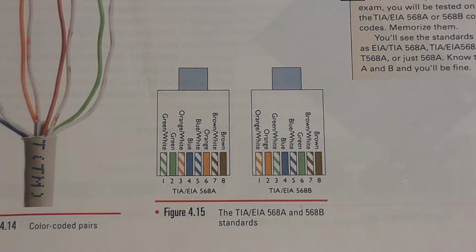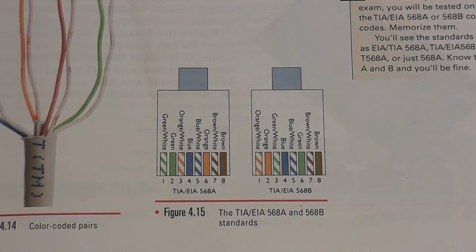Alright, so looking at the two standards, can you see anything that stands out when it comes to pins 4, 5, 7, and 8? If you're looking at the graphic in your book, or at this one here, you can see that 4 and 5 is the blue pair, and 7 and 8 is the brown pair in both the A and the B standards.